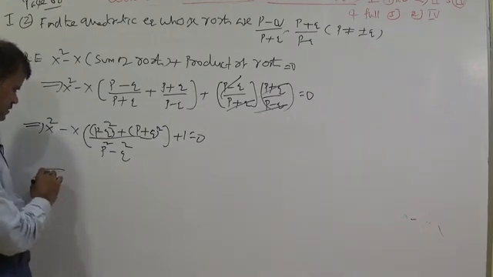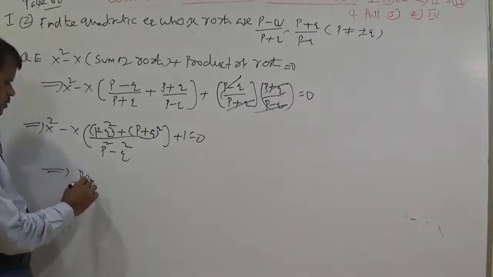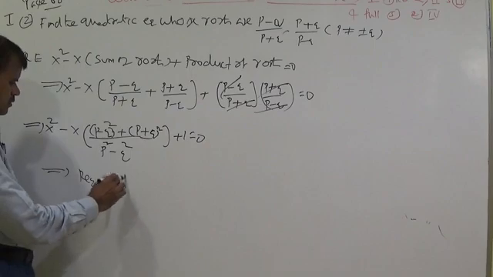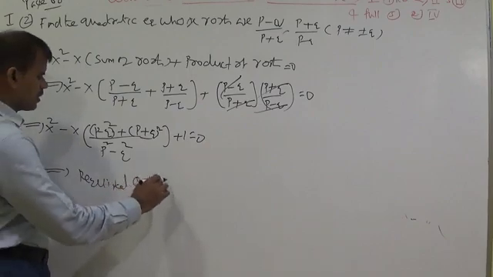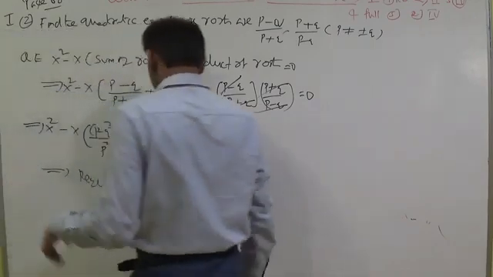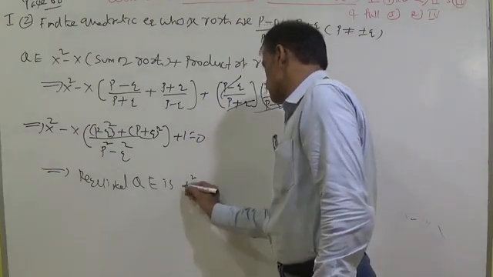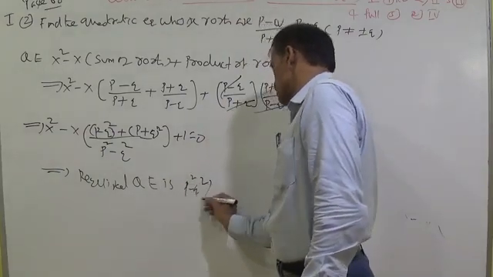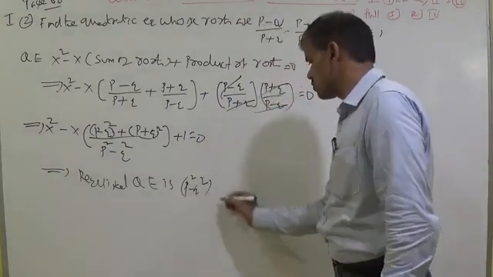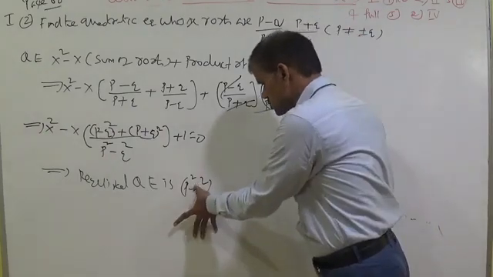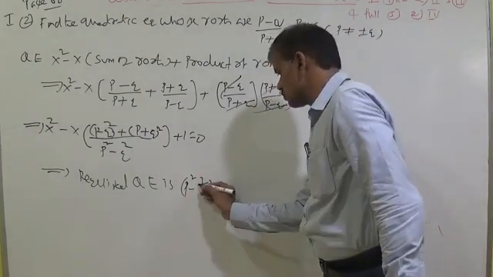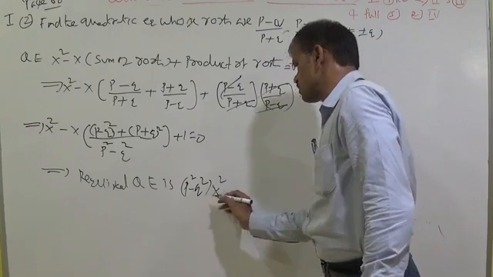That implies the required quadratic equation, taking LCM, we get the equation with x square term as p square minus q square, into x square.